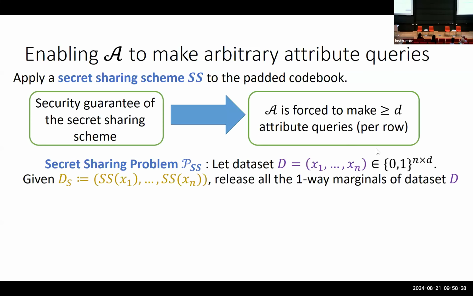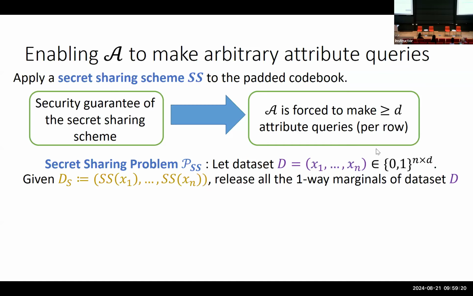Okay, so what is the actual problem that we show a separation for? This is the problem. So we have our original data set D. The secret sharing problem takes in an encoded data set DS, where the encoding is per row. So basically each row is the secret that we're encoding.